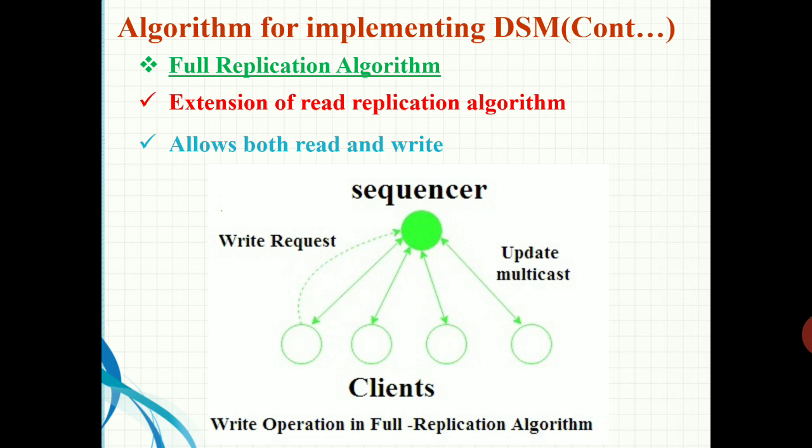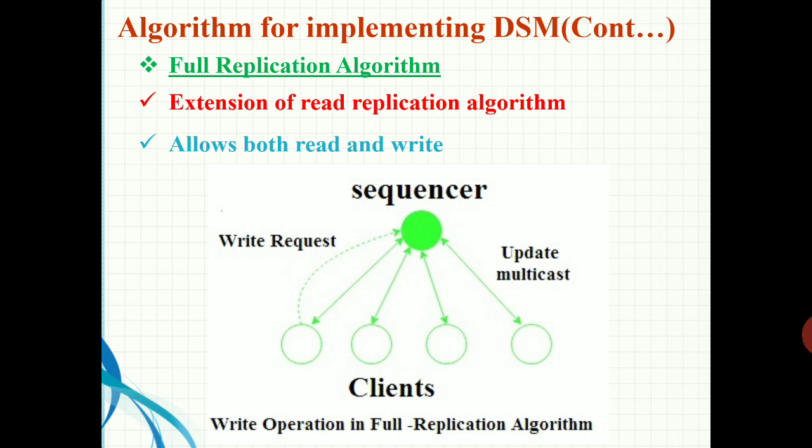Since many nodes can write shared data concurrently, the access to the shared data must be controlled to maintain its consistency. In the previous case, the read replication algorithm, we only allow write access to one node. In the case of the full replication algorithm, we allow multiple nodes to perform the write operation. So we have to control the consistency in the data block.